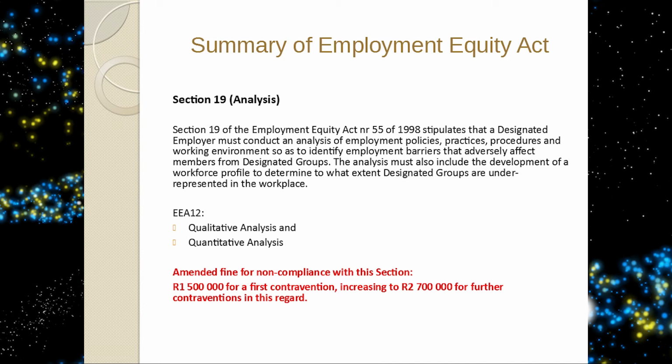Quantitative analysis is where you will need to go to your EAP targets. EAP equals economically active population. What does that mean? Stats South Africa took the more or less 35 million people between the ages of 15 and 64 and said, out of this pool, what is the percentage of African males? And the latest statistic on that is 42.8%.